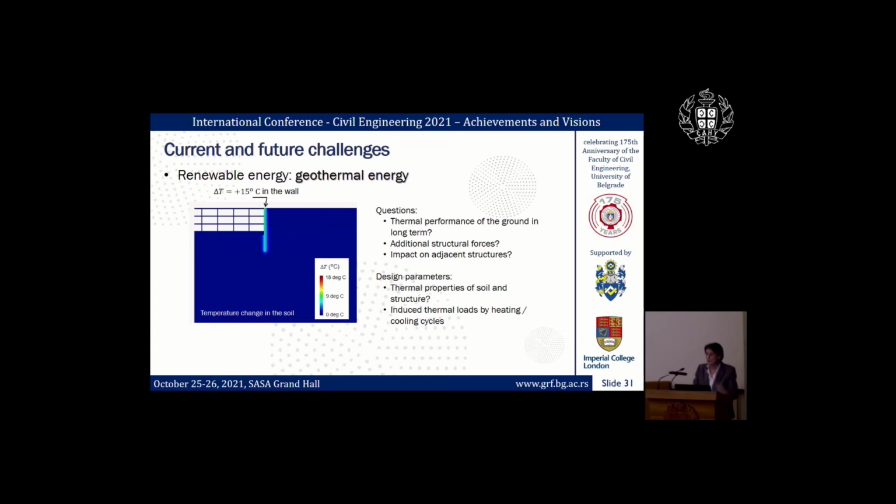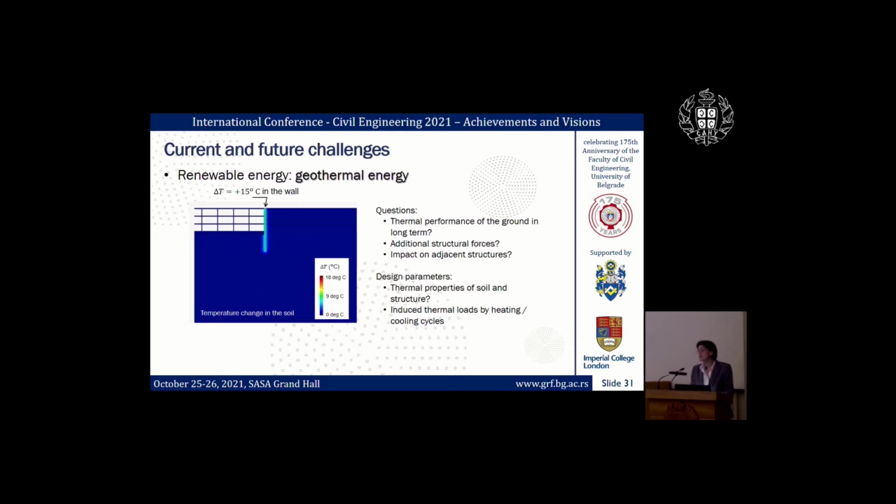because we need to understand, first of all, the soil behavior, the limits of the soil strength and stiffness subjected to these thermal cycles, but also what it induces to existing structures and services, and whether there is possibility for them to be damaged. And this is, again, one of the things that are currently being investigated.